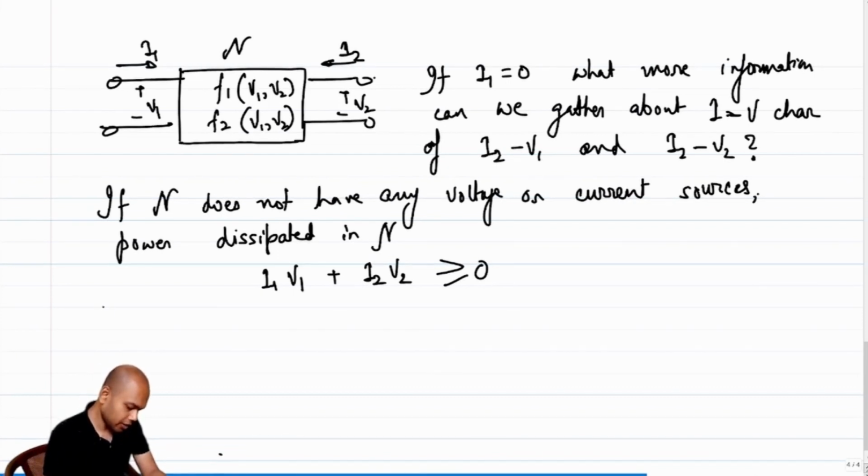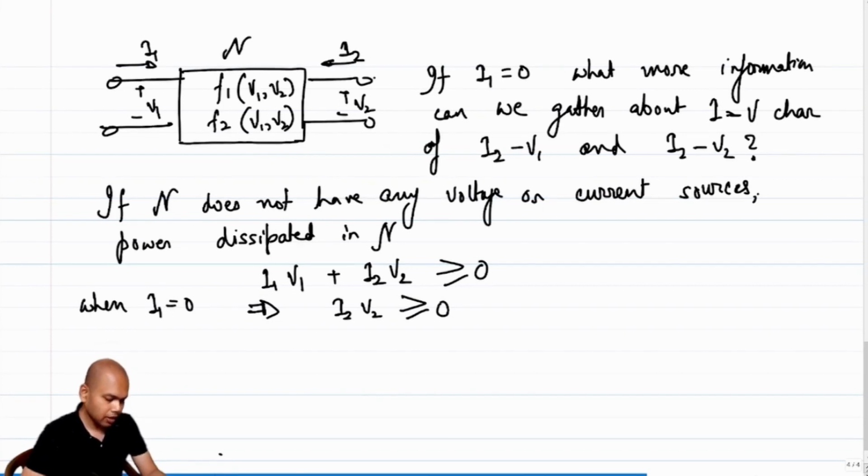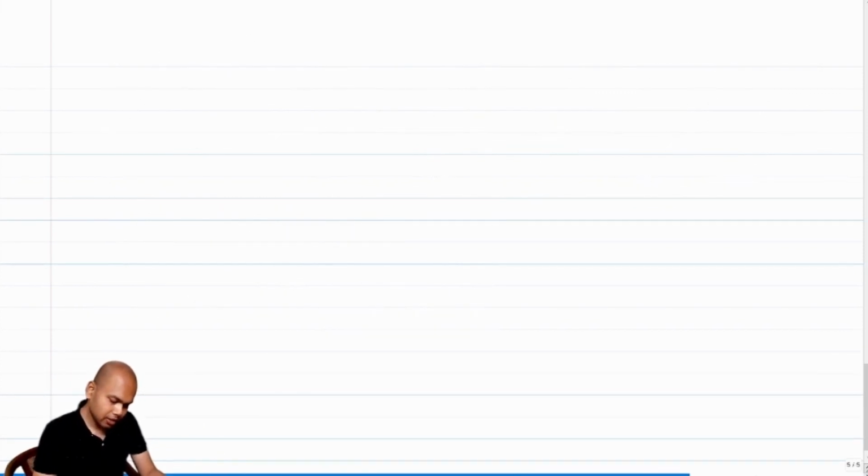Then under the condition that I1 is equal to 0, your I2 V2 should always be greater than 0, right? So let's take a note of it, because this will give us some important insights into the IV characteristics from which we are getting Y22. And what are those insights? Let's see.